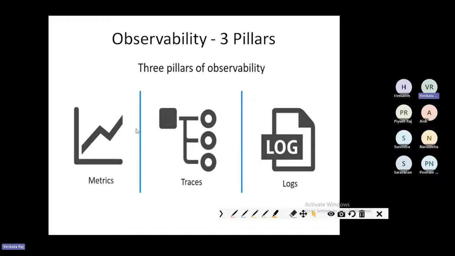And then we have the logs, guys. Now, what is logs? Whatever events are happening, if they are documented, means written to a file, and that file is in a human readable format, those things we are calling logs. Yes or no, guys? Any error in the application?